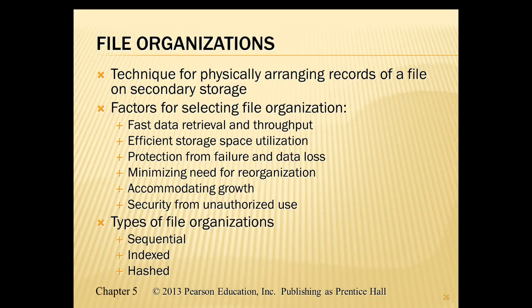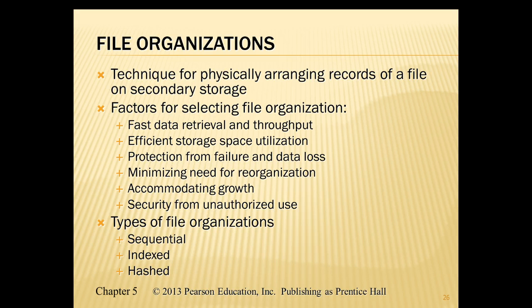Also at the bottom of page 220, it talks about file organizations and some factors for selecting different file organizations. These are just a few, and be familiar with those. There are certainly others to consider as well.